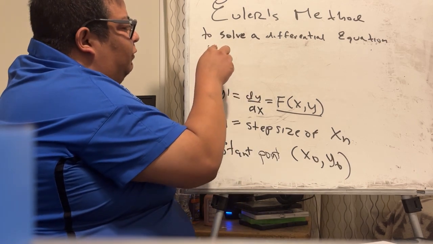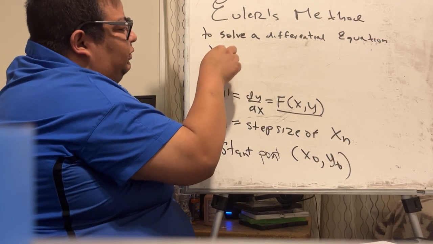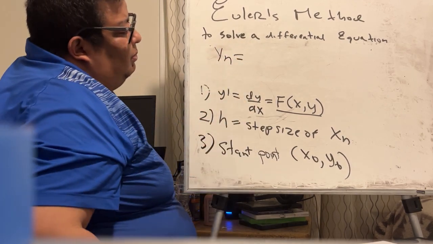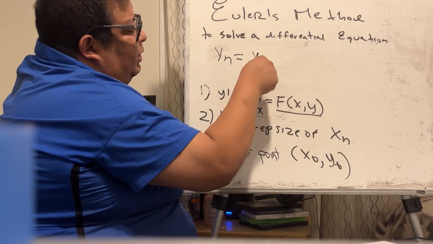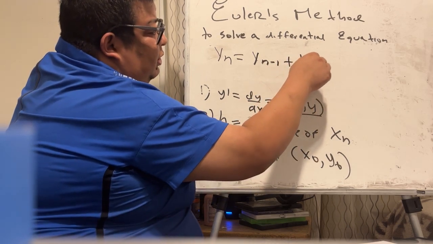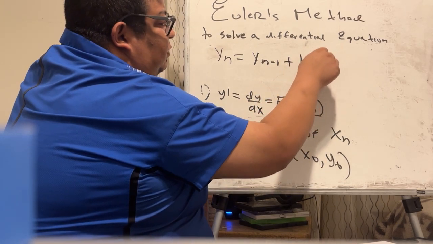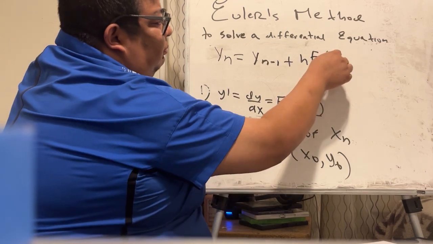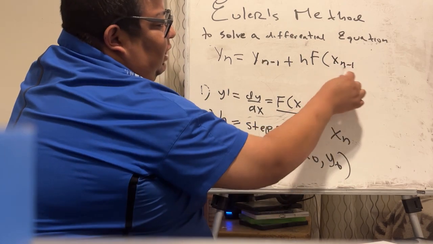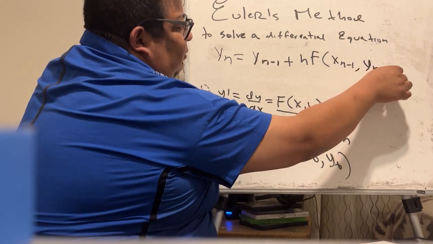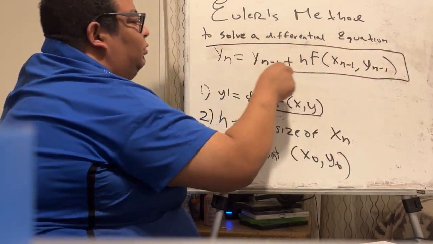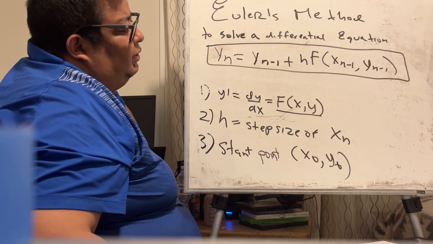So for example, if you want to find the iteration yn, it is going to be yn minus 1, your previous solution from the previous iteration, plus h times the value of the function when you plug in your previous xn minus 1 and yn minus 1. So this is the general iteration for this method.